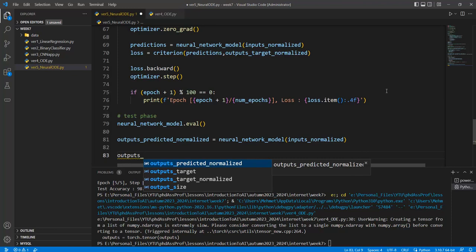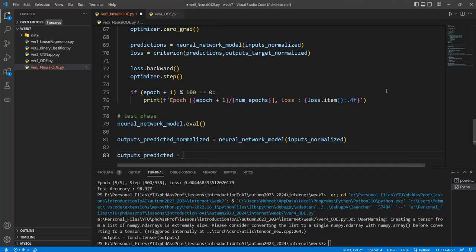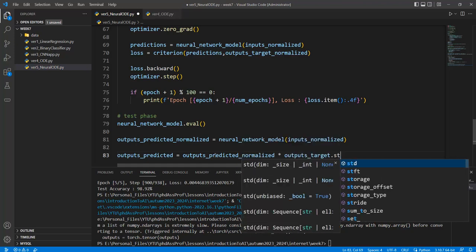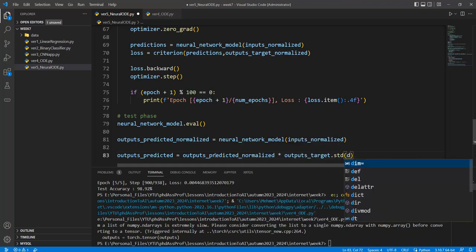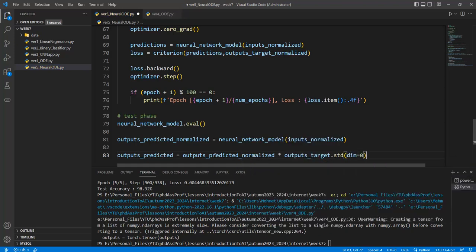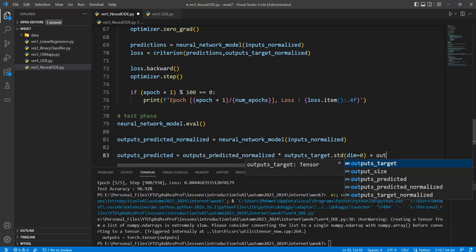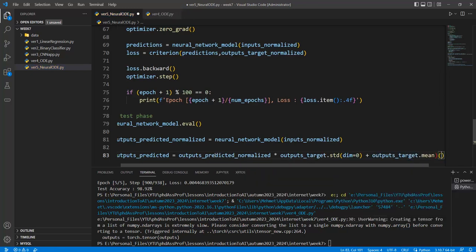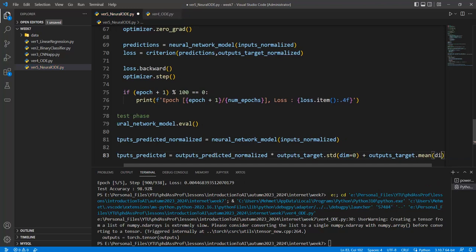Output predicted equals this term times output target std dim 0 plus output target mean.